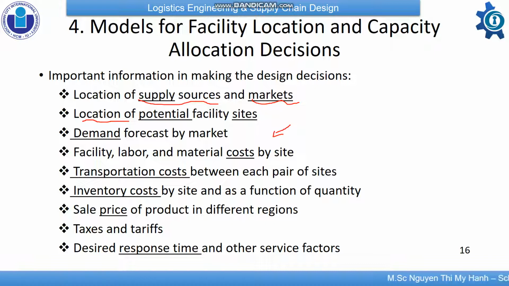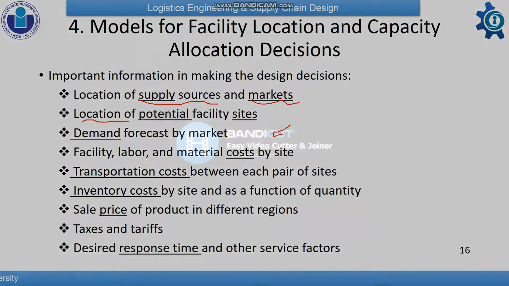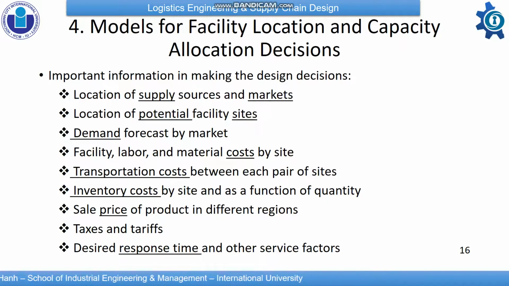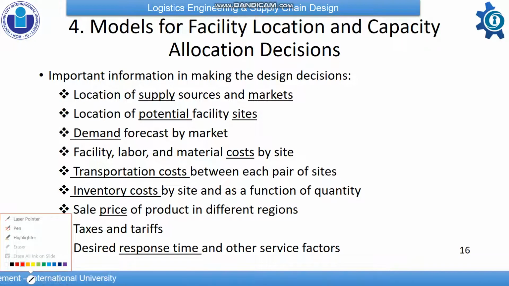And also you should know the transportation cost between each pair of sites, the inventory cost, and also the price at which you can sell your products in different regions, because for example, for the same product, the price in district 2 will be different from the price in district 1.